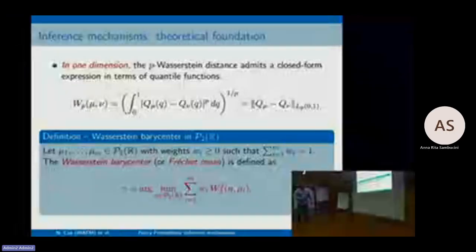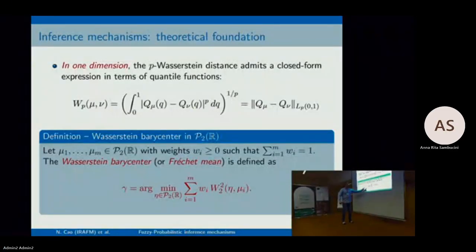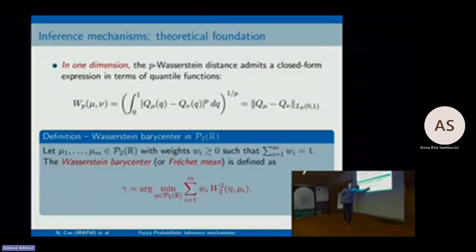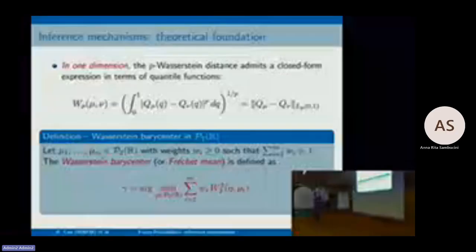This is the Frechet mean, and the Frechet mean, which is moreover weighted, can be computed in this way. So we are looking for the measure from this space such that the sum, using the weights, of the distances between the considered measures mi is minimal, and the result is this probability measure.